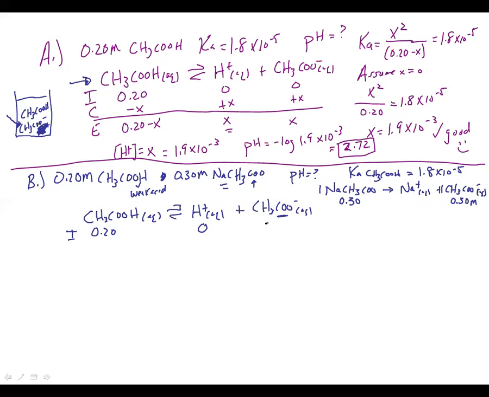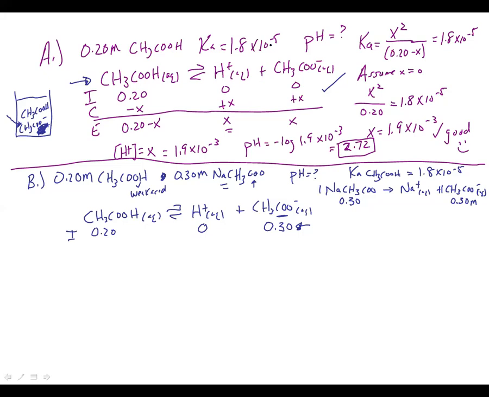So where people always screw up on this table is right there. This should not be 0 in this case. If you did 0, you're doing the previous problem again, which is not what's happening. So it's really important, especially when you have that common ion, that on the left-hand side and the right-hand side, where you have the common ion and you do the ICE table, it definitely should have a number associated there.